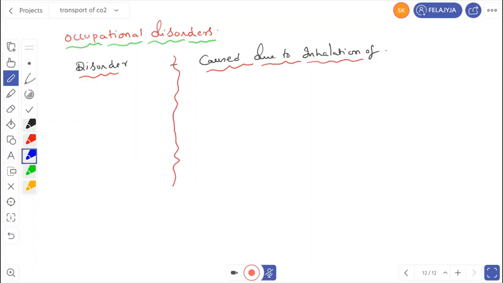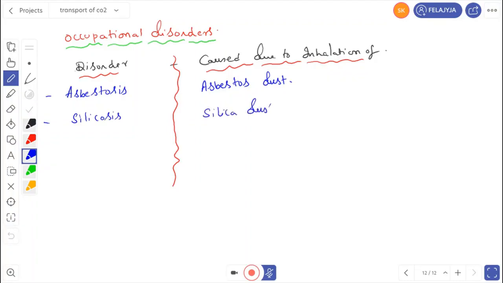First one, let us see asbestosis. Asbestosis is caused due to inhalation of asbestos dust. Generally they use this in making cement sheets. Second one is silicosis, inhalation of silica dust. People working in stone crushing industries will inhale the silica dust.